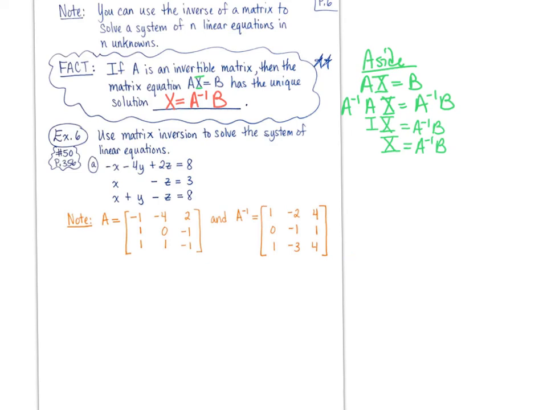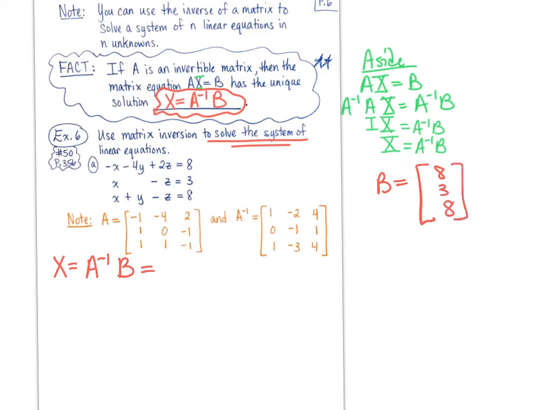Okay? So at this point we need to solve the system of linear equations. To do that, we're going to use this fact right here. Well, we know A is invertible, right? So it has the unique solution: X is equal to A inverse times B. B is just equal to the column matrix that has the constants in it.